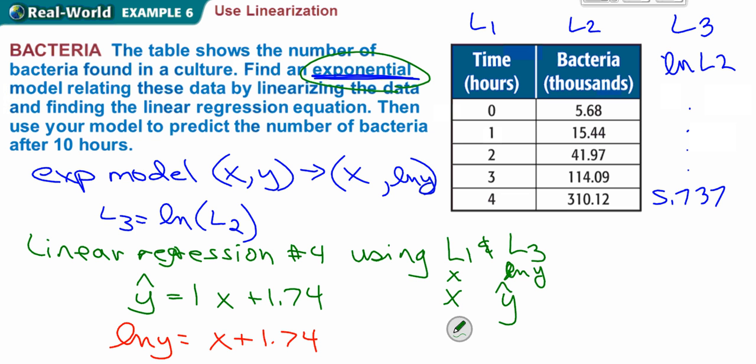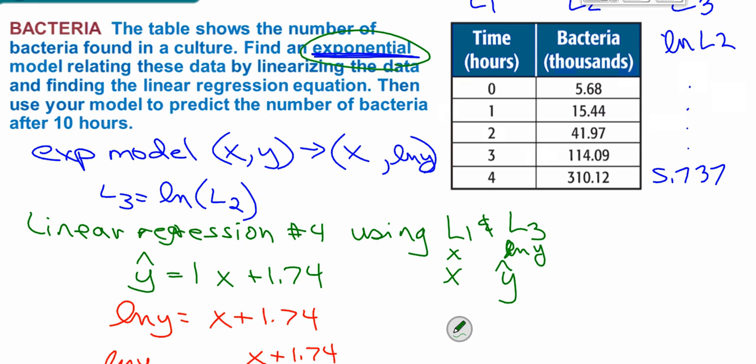Then once you have the transformed data, you always do what regression? Always linear regression, and it's the two lists you need. In this case, list 1, because the x stayed x, and list 3. In the first one, it was list 3 and list 4, because we changed both of them.